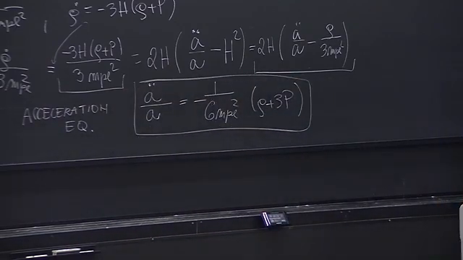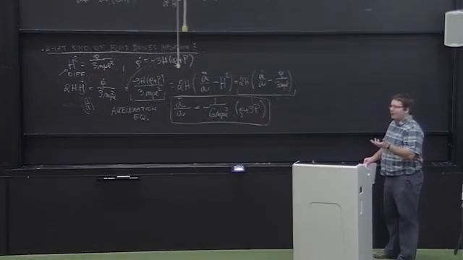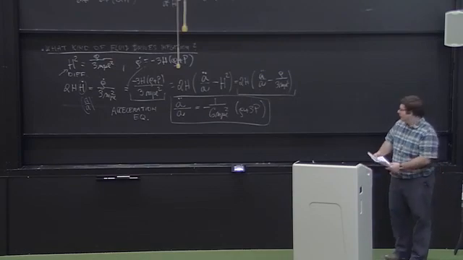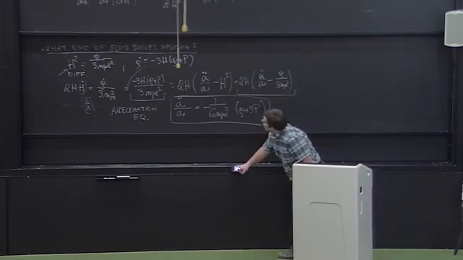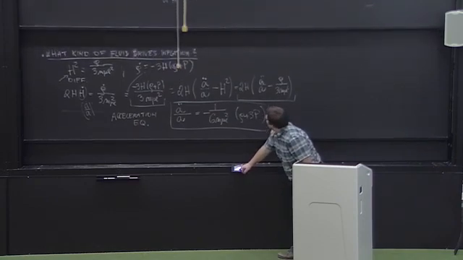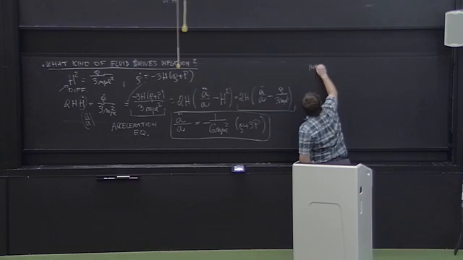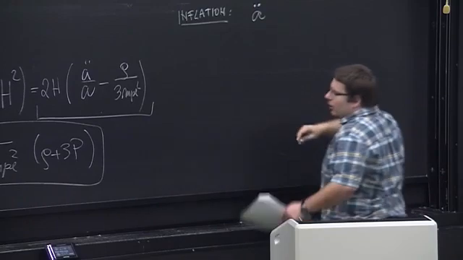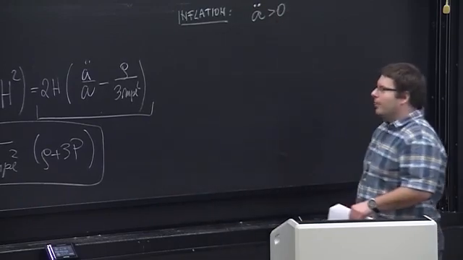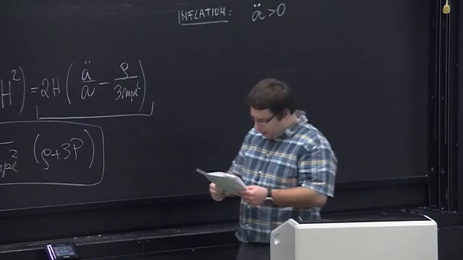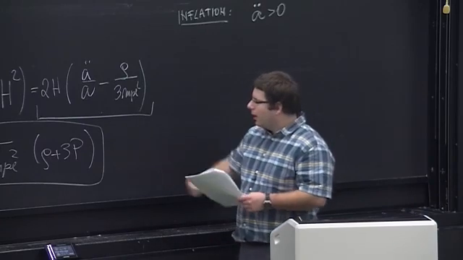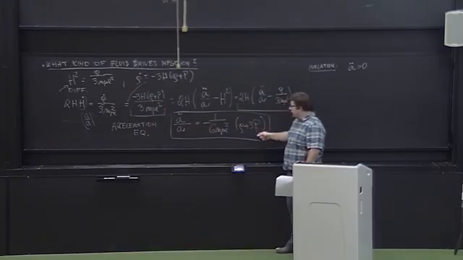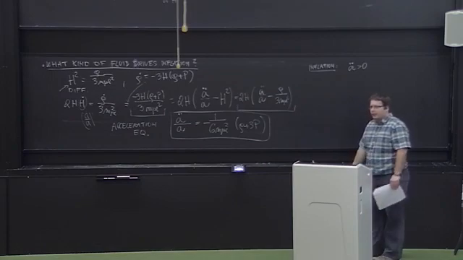Okay. So now, in order to have inflation, which means a double dot is bigger than 0, well, if this were bigger than 0, that means that, well, this is negative, a is positive, so this guy has to be negative, right?